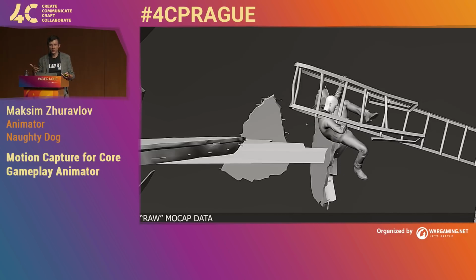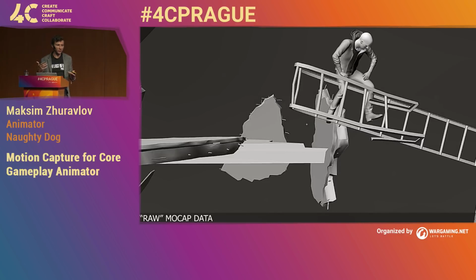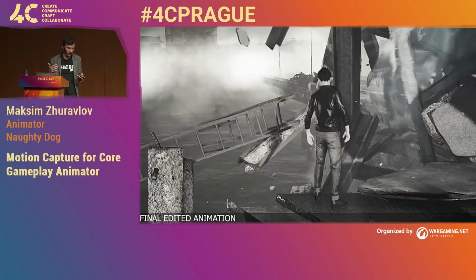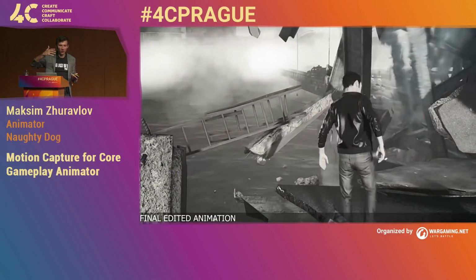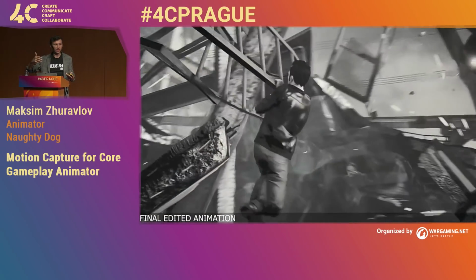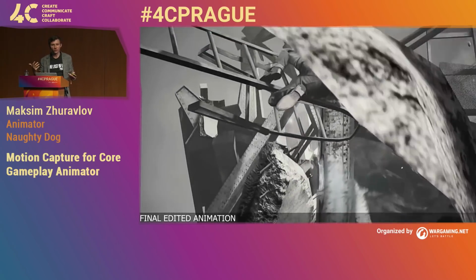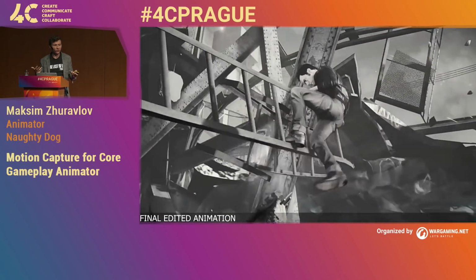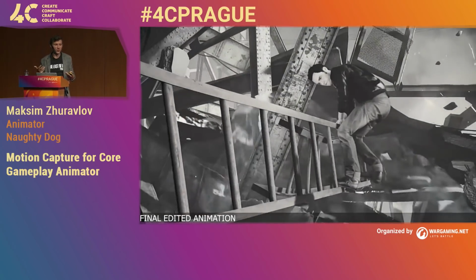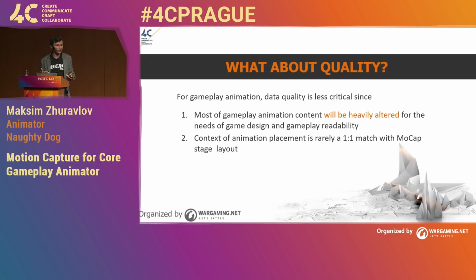But how do we fix them? Ultimately, when the rework is really heavy, and as I've noticed, gameplay animation reworks are always really heavy, you're going to block out every key pose, every extreme, every breakdown in animation, and fix it. So while you're already fixing it, you may as well fix whatever is wrong with the mockup. So the extra cost is there, but it's not as massive as people think, because ultimately we retouch a lot, right?